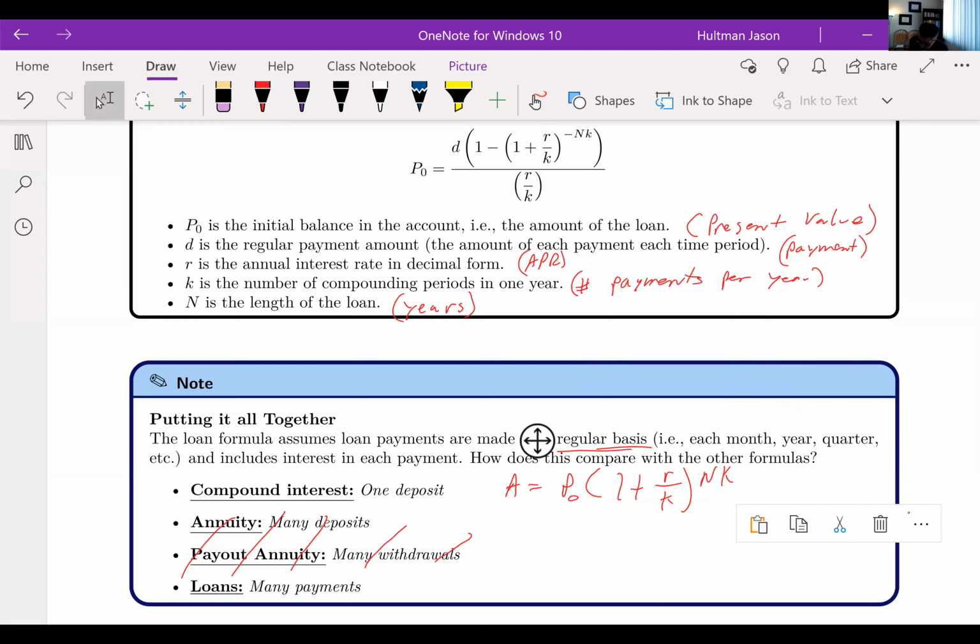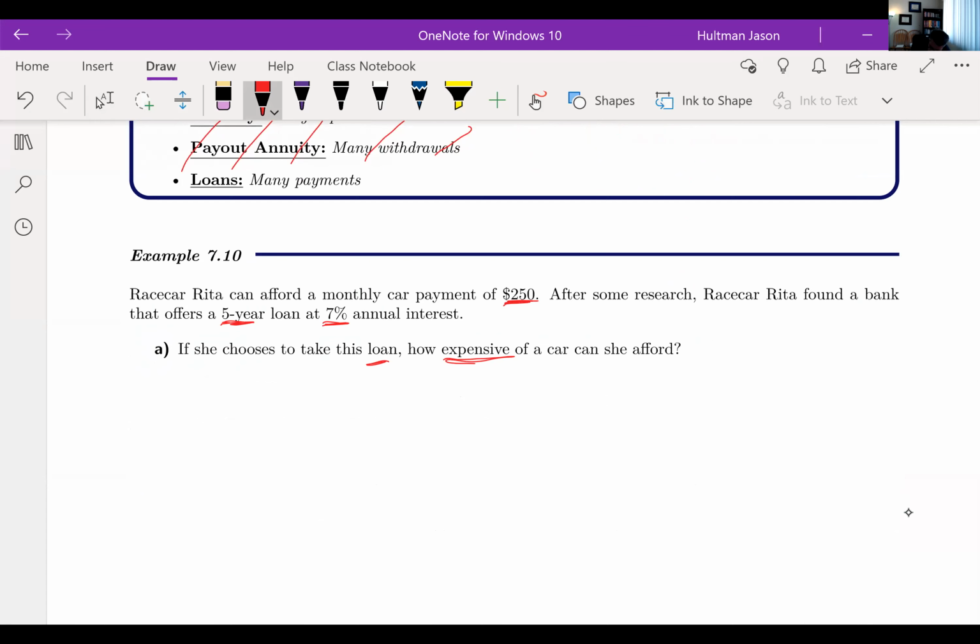So we want to know what is the initial amount that she can take out. So that's P naught that we're looking for: D times 1 minus (1 plus R over K) to the negative NK, all over R over K.